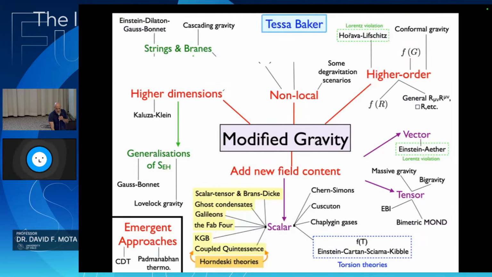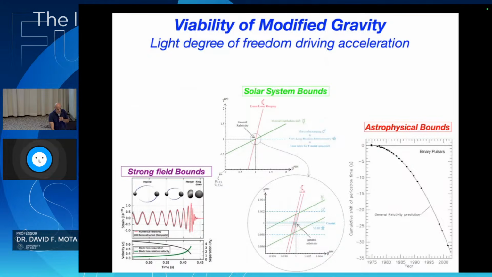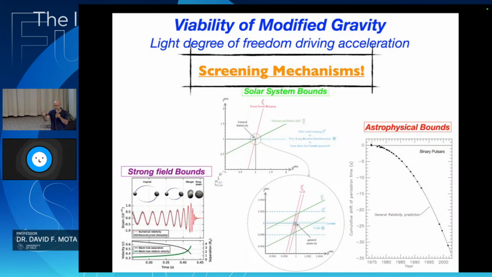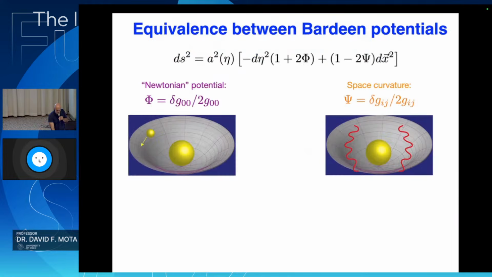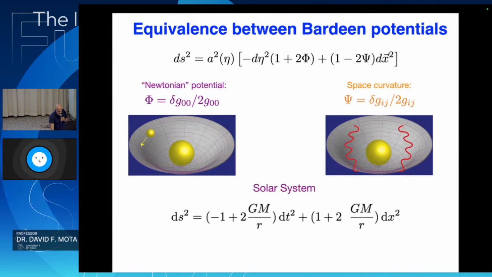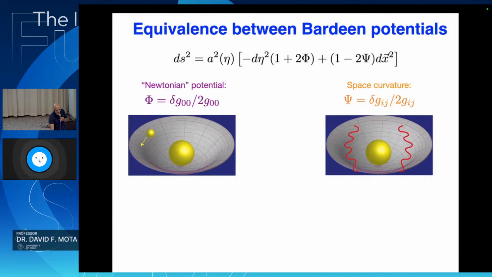So there are all these modified theories of gravity, and as I said, they're only viable because of screening mechanisms. So let me try. Yeah. One of the key reasons why these theories of modified gravity are so tightly constrained is because of the equivalence between the two Bardeen potentials, phi and psi.